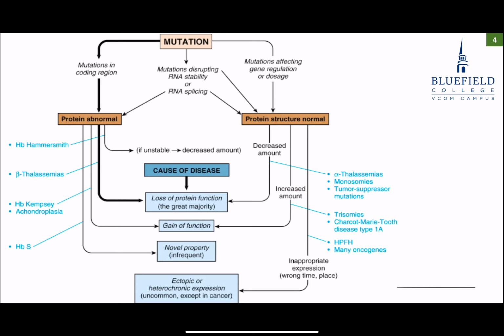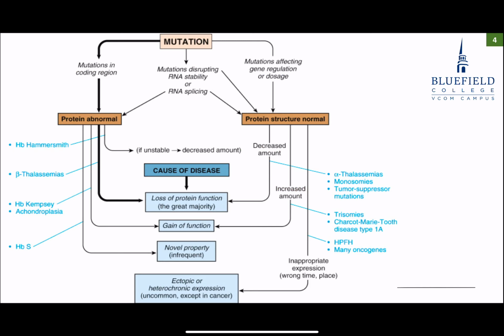So let's talk about protein structure changing mutations first. And this arrow, its strength suggests that this is the major mechanism, and it is of course a very important mechanism. But I wouldn't say that this is more common than structural. So this arrow is also very important, even though it looks thinner in this slide.